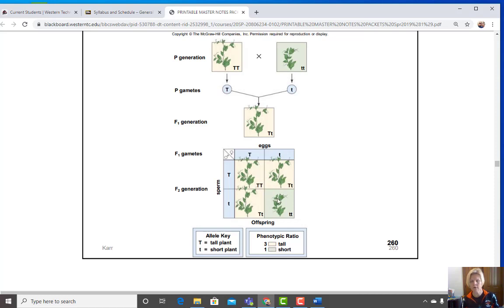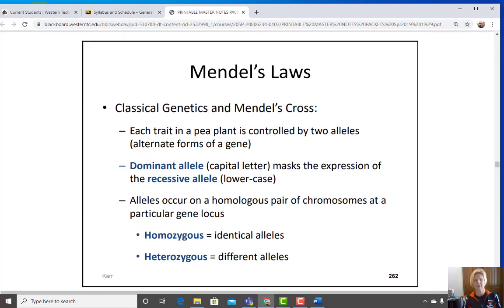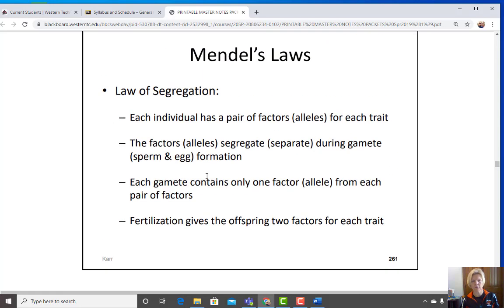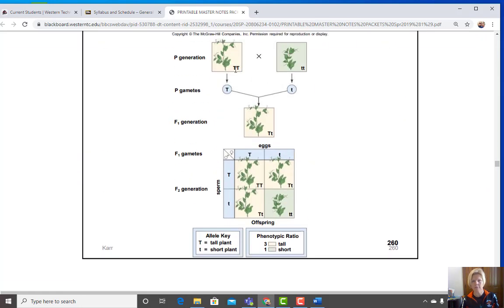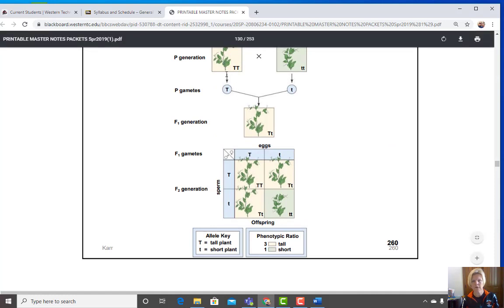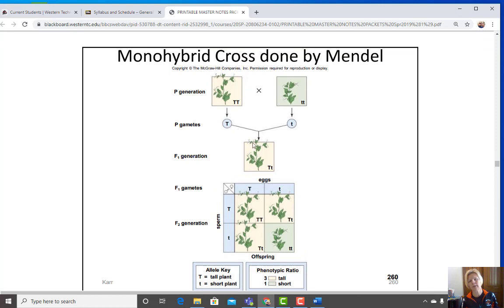Other things he came up with from his observations: the dominant allele is given a capital letter, and it always masks the expression of the lowercase or recessive allele. So something that is heterozygous in this case is going to look like the dominant parent. Phenotype is the physical appearance of an organism, and we can see these are the same. They're both tall plants. However, genotype is different.